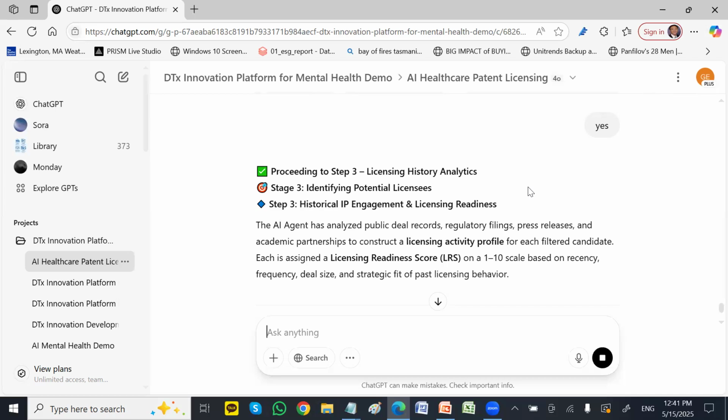Because this AI agent cannot access private records unless it has permission. But one of the beauties of an AI agent is that it is high performance in searching over the internet to find relevant information, analyze it, and get the insight, right?